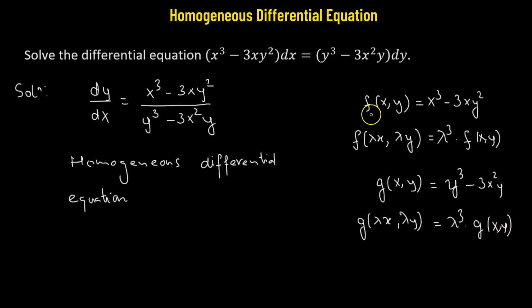So both the functions f and g are homogeneous functions of degree 3. Since f and g are both homogeneous, f over g is also going to be homogeneous. So we have a homogeneous function on the right hand side, which means dy over dx equals this expression and represents a homogeneous differential equation of degree 3.